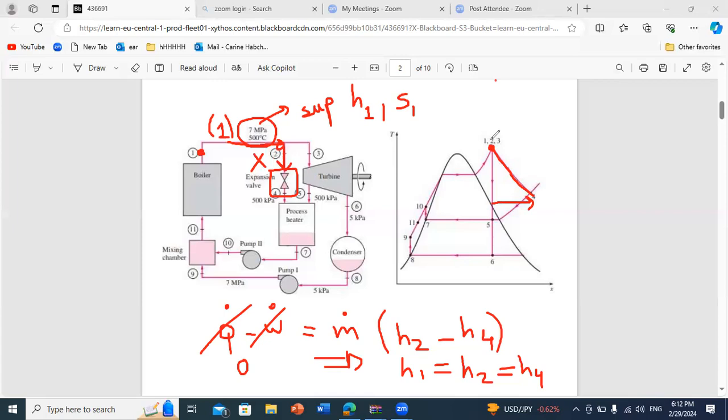So this is our figure representing the variation in the expansion valve from 1 to 4. And because they told us that it will expand to 500 kilopascal, then we'll stop at the intermediate pressure line. So we have here 3 pressure lines. If you want to illustrate them, you have the high pressure line here. So this is the pressure line of 7 megapascal.